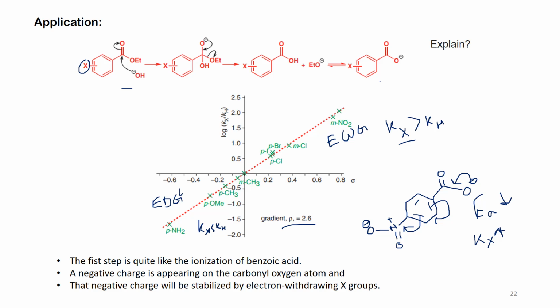Now suppose we add an electron donating group, which will donate electrons. As our intermediate or product already has a huge electron density in it, and now you are adding an electron donating group which is donating electrons towards that, the stability will decrease. And as the stability decreases, the activation energy will increase.